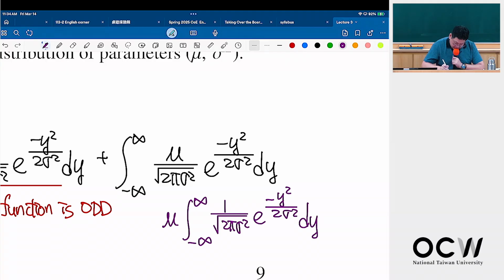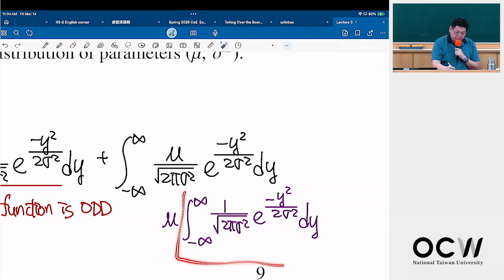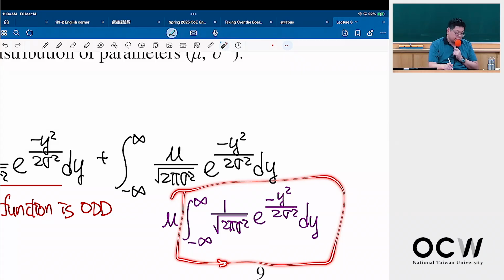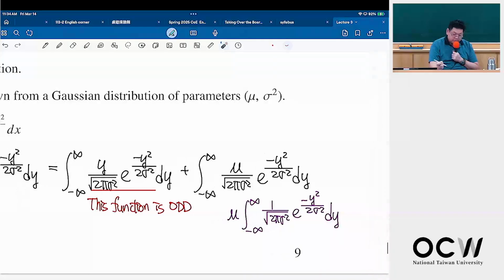What is the result of this integration? We should know.